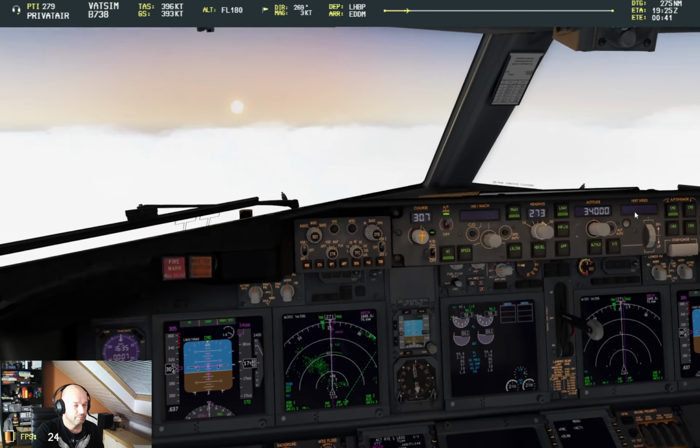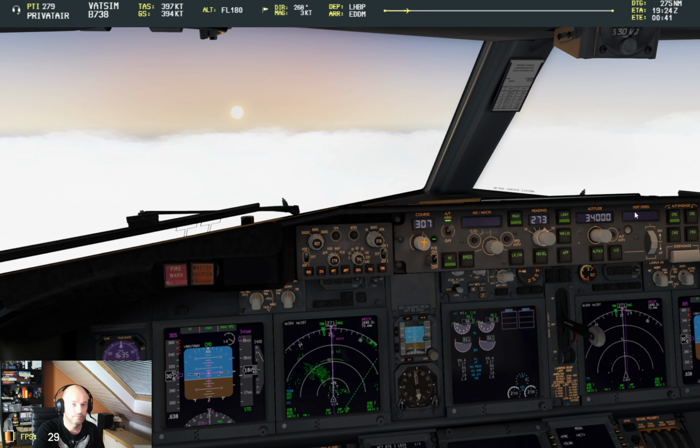Climb flight level 180 with their 110 Juliet. So, what should we talk about? Elections in Germany? No, come on.